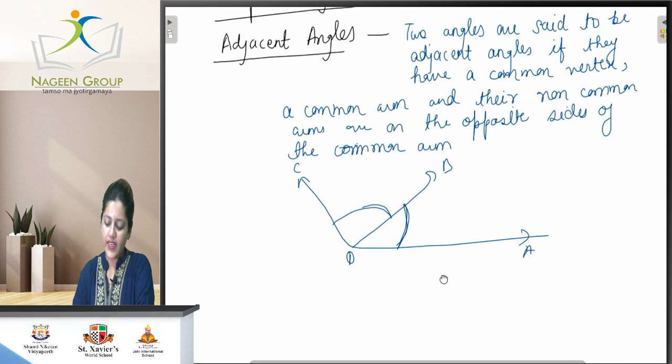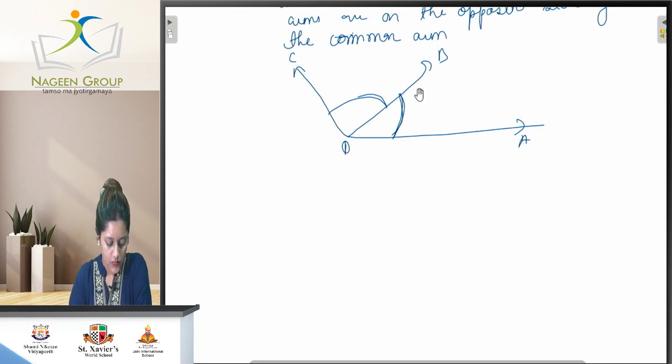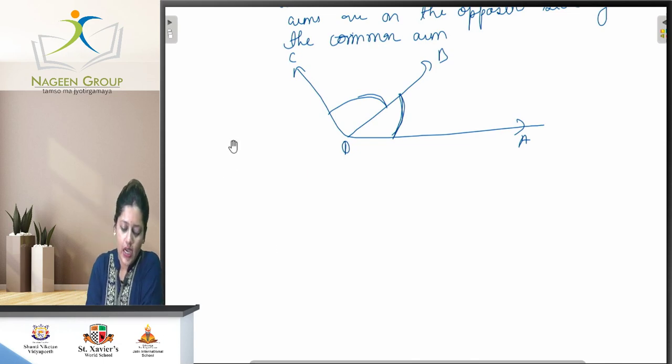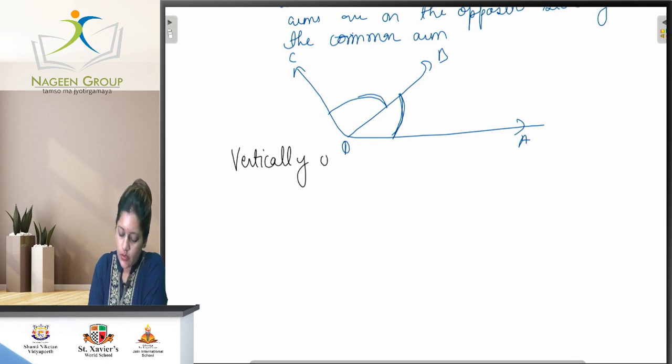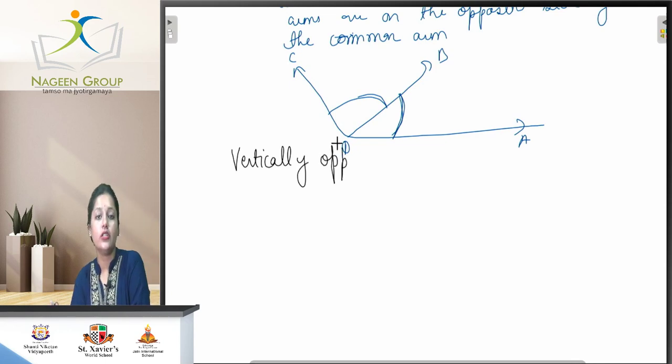Now, next one is vertically opposite angles. Here we only learn mainly the theory part or the definitions of them.